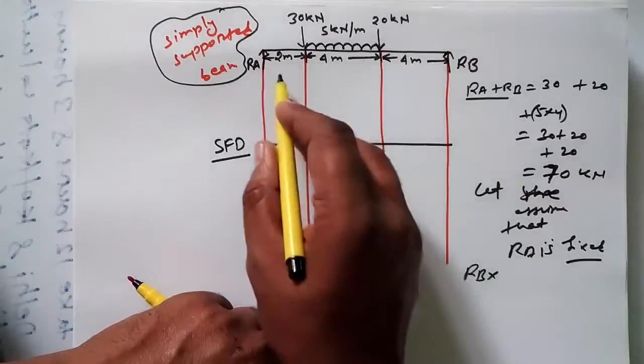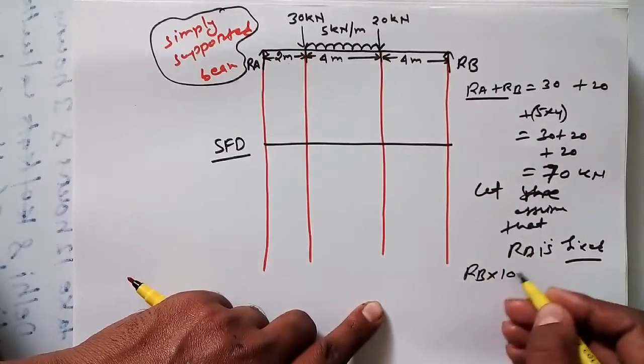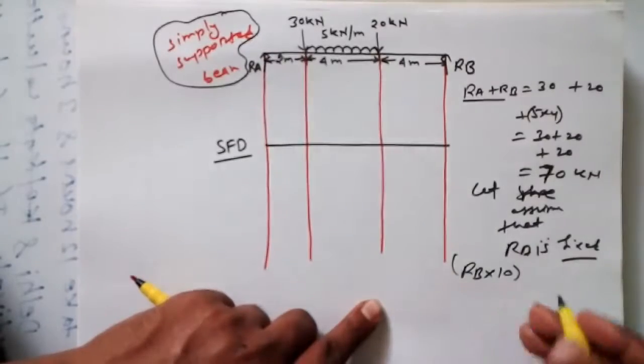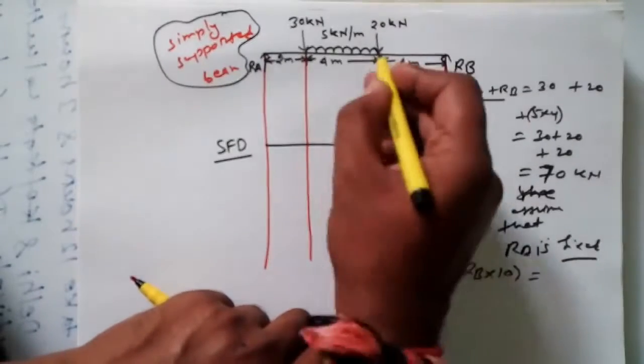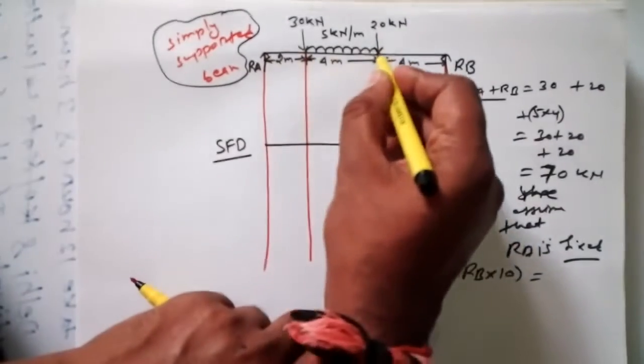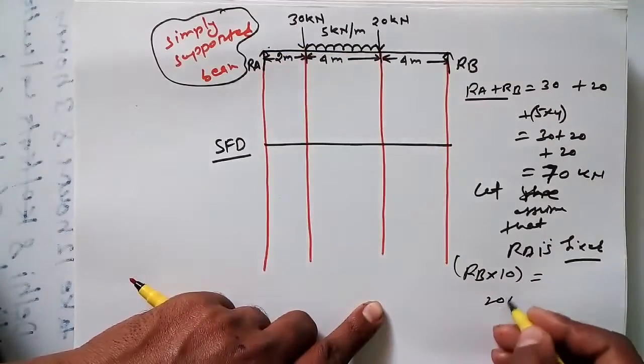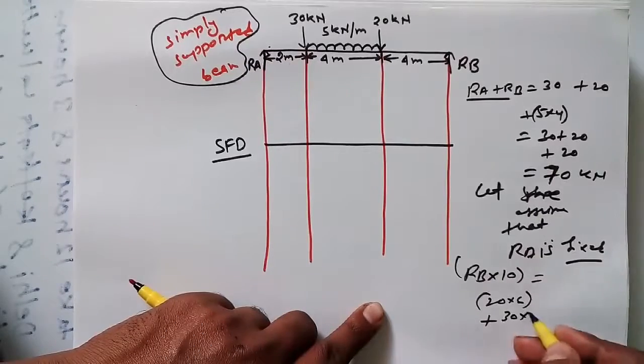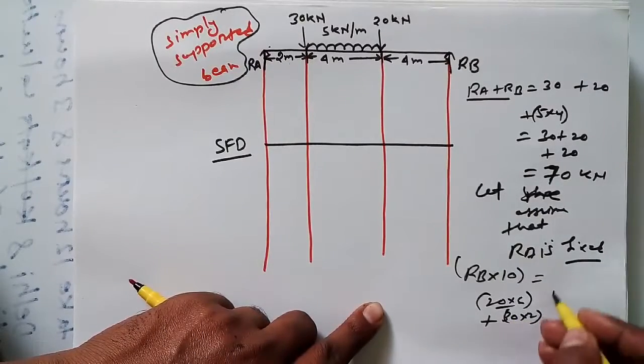RB into the total length of this beam, that is 4 plus 4 plus 2 is equal to 10 meter, is equal to 20 into the total distance from here to here, so 20 into 6 plus 30 into 2.